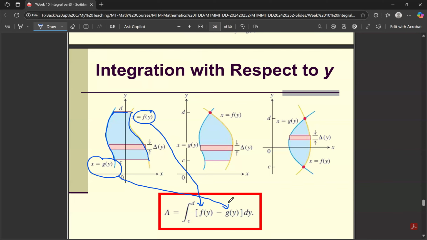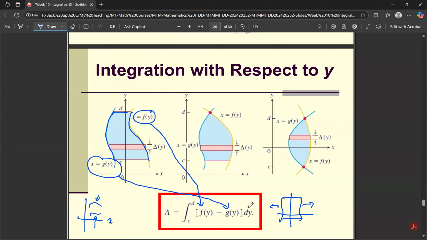With respect to x, the functions must be top and bottom, upper and lower. But for y, we have right and left. So we must know the context.